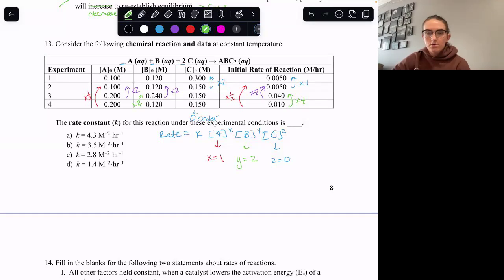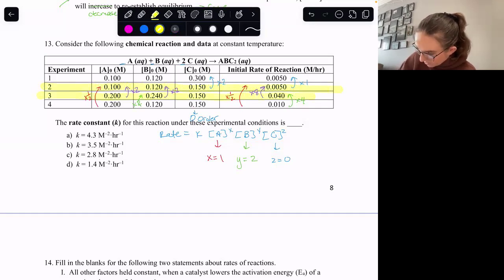Okay, so do we see why we had to pick the experiments that we did? If we go back to 2 and 3, we said that this one was not the greatest to look at because we had both A changing and B changing. We said that our order for reactant A is first order and our order for reactant B is second order.